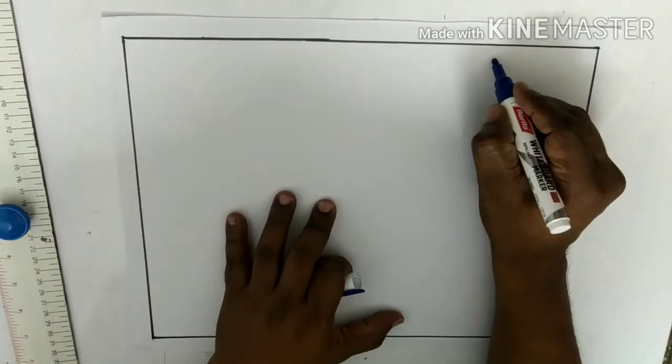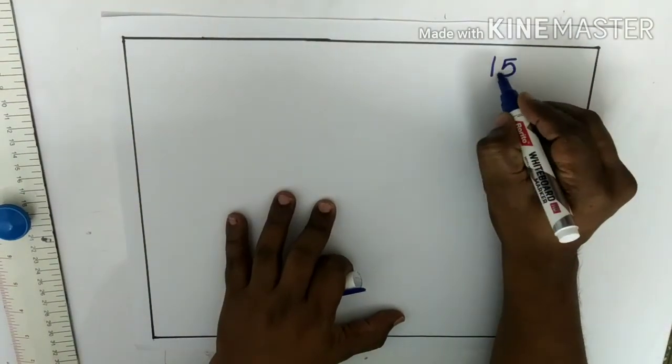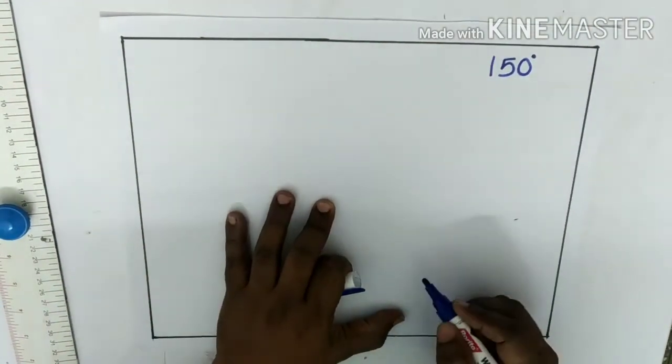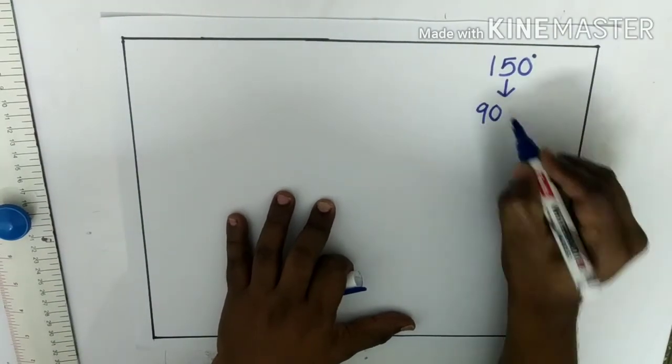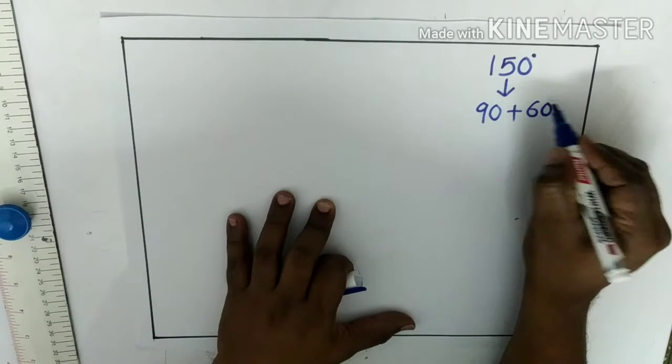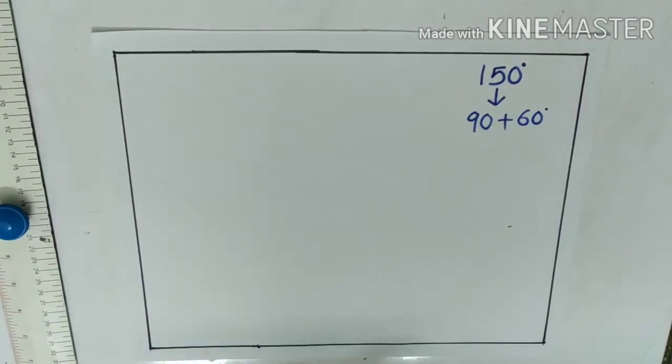Now we are going to construct 150 degrees. 150 degrees will come from 90 plus 60 degrees. 90 degrees plus 60 degrees will give you 150 degrees.